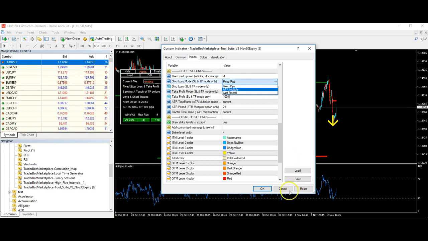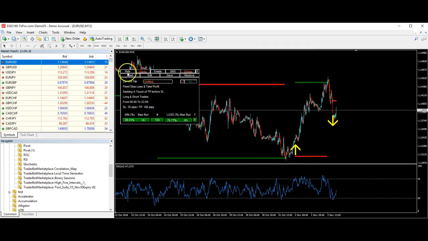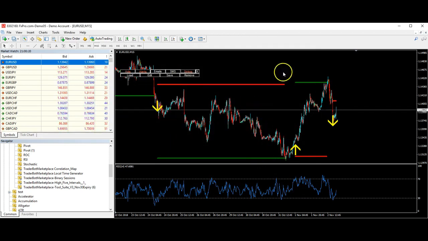Average true range. What average true range does is it will take the range of markets and show you an average of about how far they move. And then you want to put your stop loss beyond that in many circumstances.